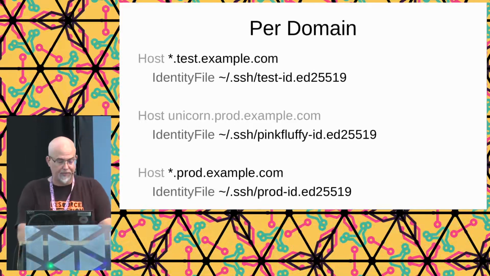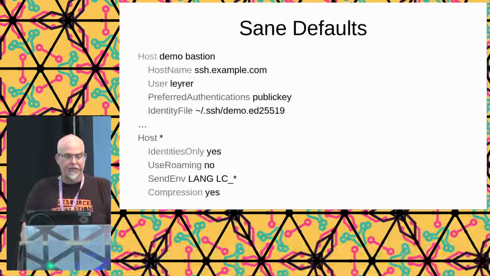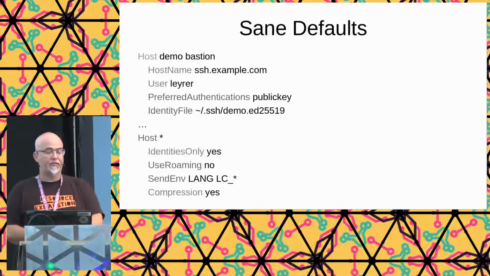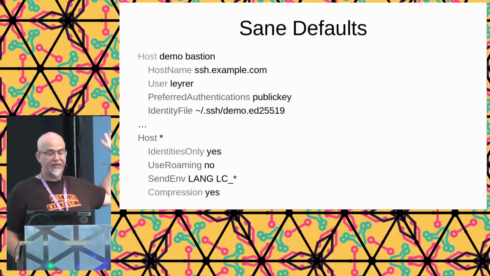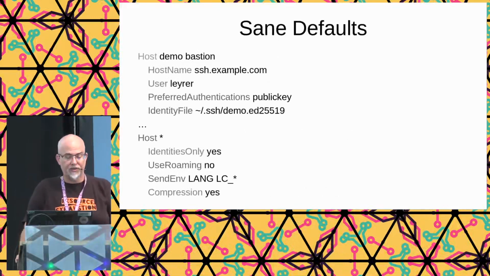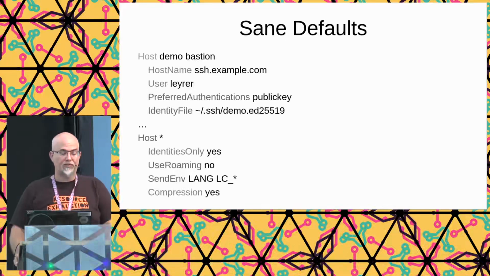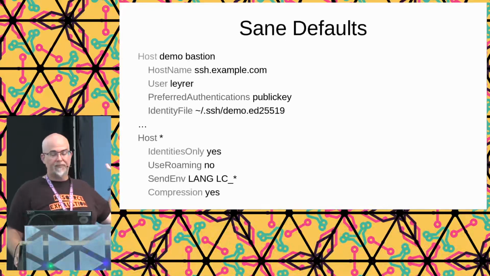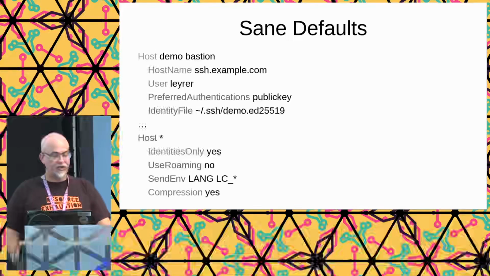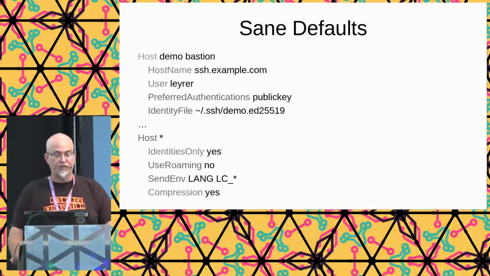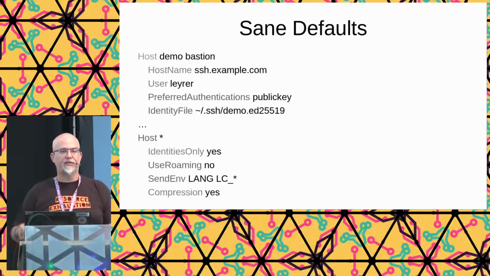To give you another example, this is again something from my demo here. We have our demo host entry with the host name and username and preferred authentication. Then we could have several more host entries, and then we have a catch-all that is Host asterisk, and that's basically setting additional stuff. What I usually want to have is compression, yes, because I have to connect to servers in the US and Asia, so compression does help.